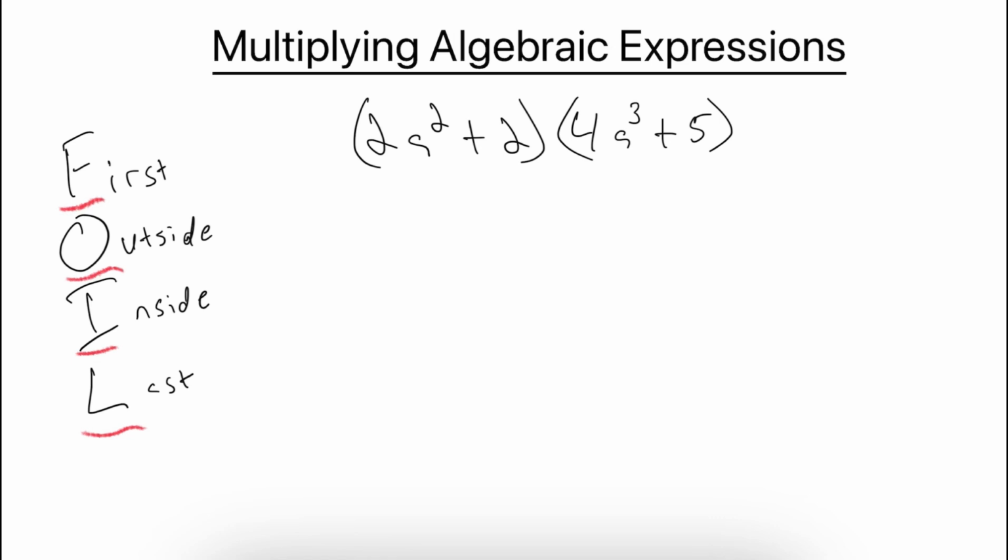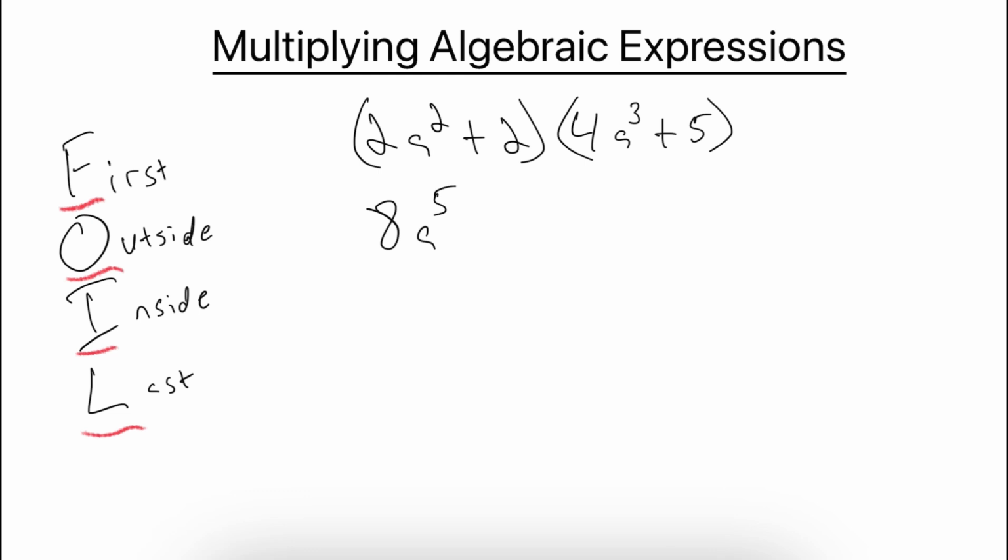Next we have 2a squared plus 2 times 4a cubed plus 5. So like last time, we'll do first, outside, inside, and last. So 2a squared times 4a cubed is 8a to the power of 5.